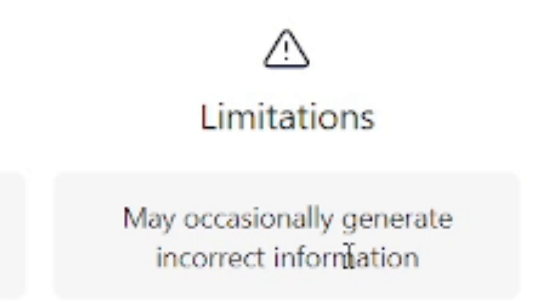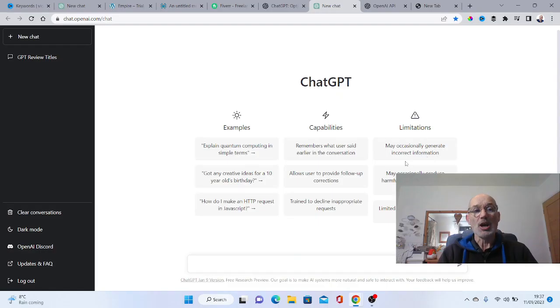Limitations as well. Obviously it may occasionally generate incorrect information. So whatever you do, and especially as we're going to go through some possible side hustles very shortly of how you can use ChatGPT, just remember those when we are doing those actual side hustles. The information will have to be checked and verified.